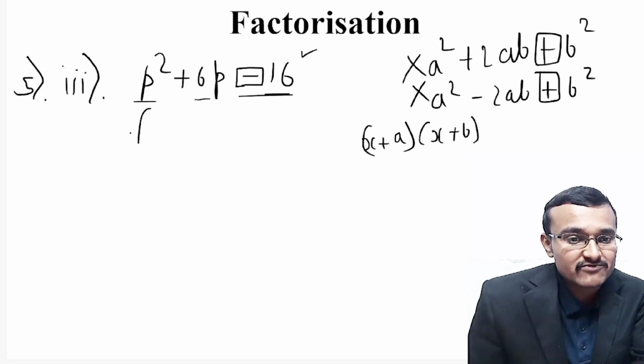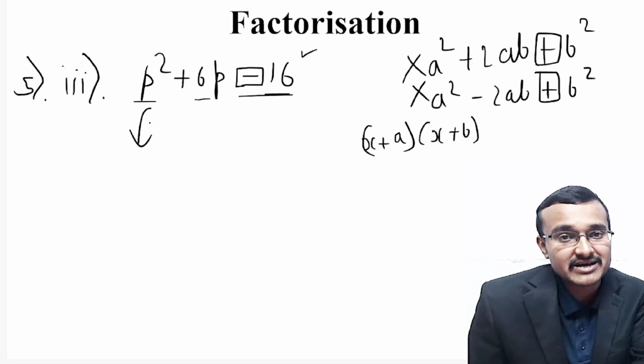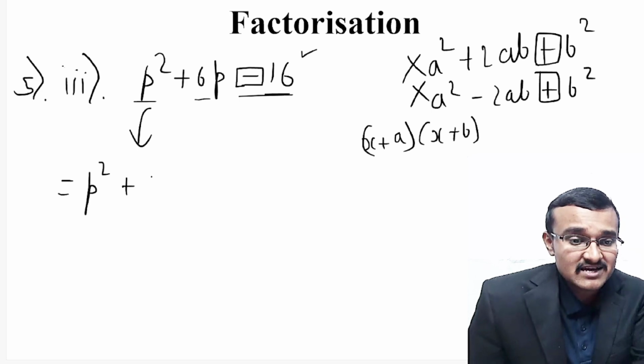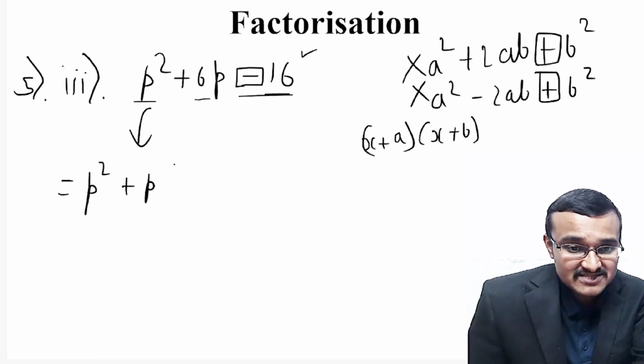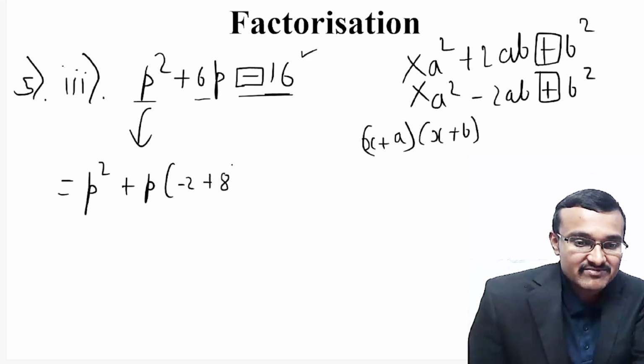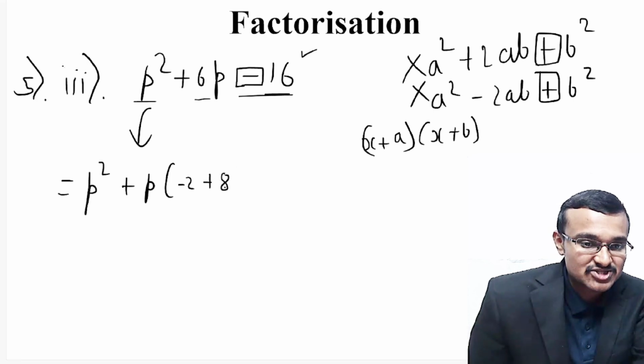So how do we convert this p square plus 6p minus 16 into the x plus a into x plus b identity? In the place of p square you can write p square itself. In the place of 6 you can write minus 2 plus 8.